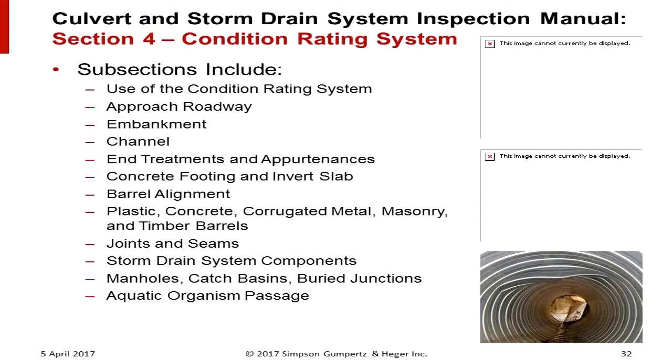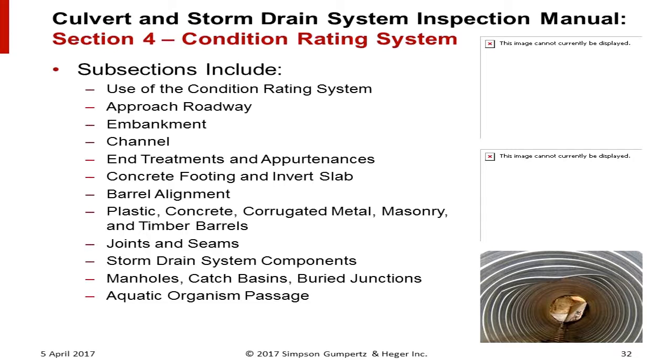So the condition rating system includes the approach roadway, the channel, the embankment, end treatment, and appurtenant structures. So that would be the head wall, wing wall, aprons, concrete footings and invert slabs, the barrel alignment, plastic, concrete, corrugated metal, masonry, and timber barrels. So these are the materials that we're looking at.